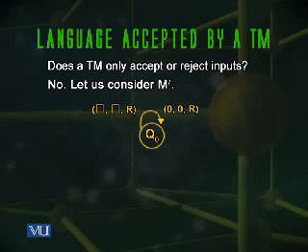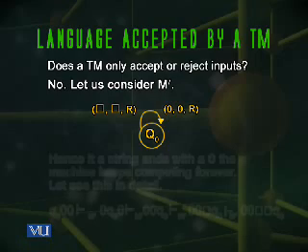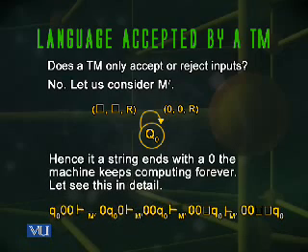Let us first look at the state diagram of this Turing machine. As you can see, it almost looks like the same diagram as before, except for one simple change. Let us see what this Turing machine will do if I were to simply give it the input 0. The machine will be in the state Q0. It will read a 0 and move to the right.